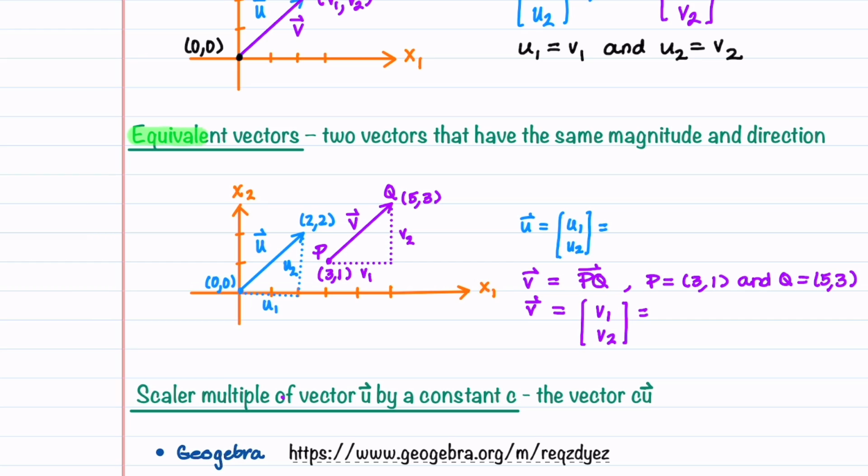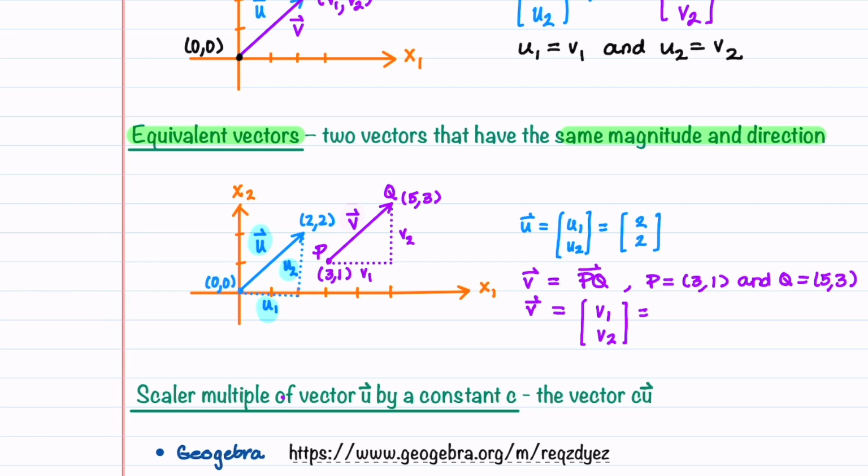Two vectors are equivalent if they have the same magnitude and direction. They don't need to have the same initial and terminal points. In our diagram, vector u has components u1 and u2, and it's equal to (2, 2).